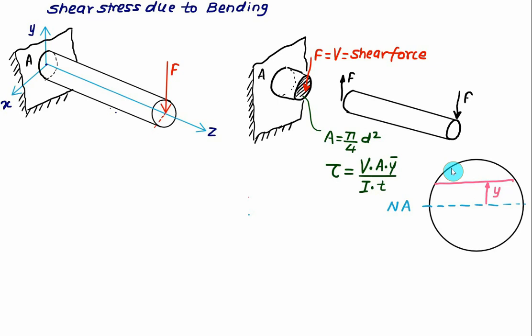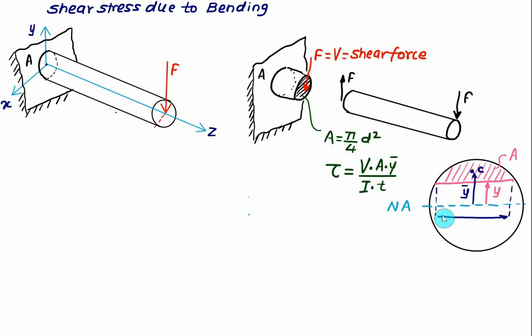In that case, you have to calculate the area of this figure. So whatever the area of this figure is, it will be equal to A. Then you have to find out the centroid of this area, that is equal to C, and you have to measure the distance equal to y bar. And what is the thickness at this section? That is, this one is thickness, that is equal to T.